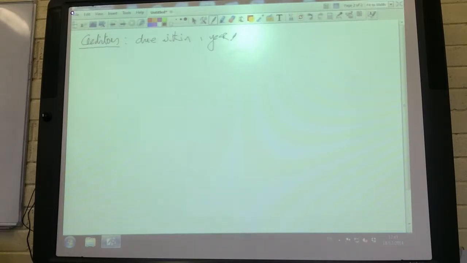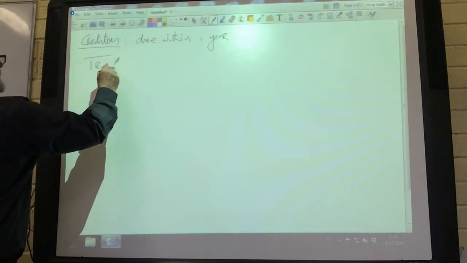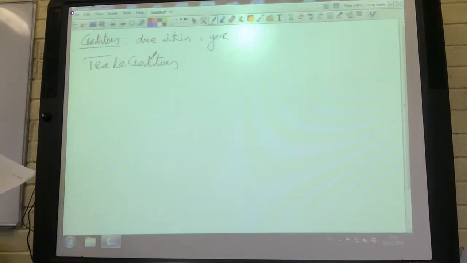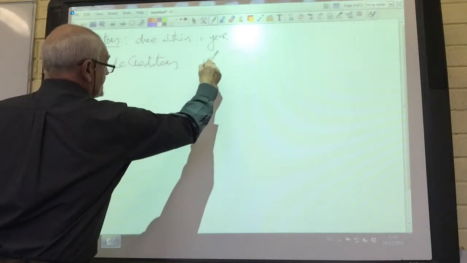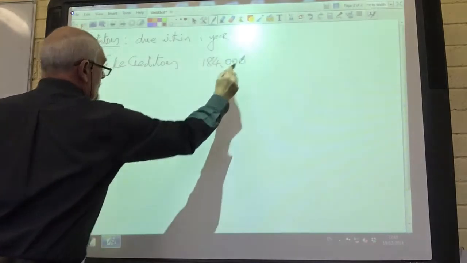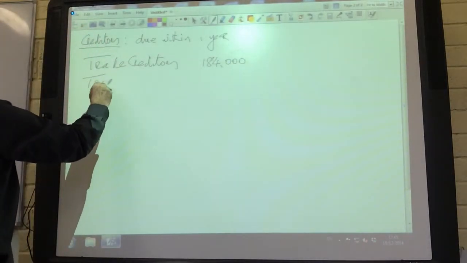And again, what you can write down in your published balance sheet is limited to, in this case, just three. We've got trade creditors. These are the people who supply you with your goods, and our trade creditors are 184,000.